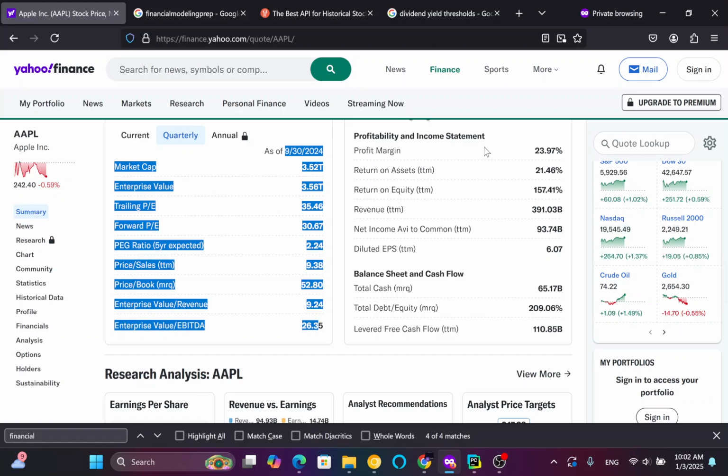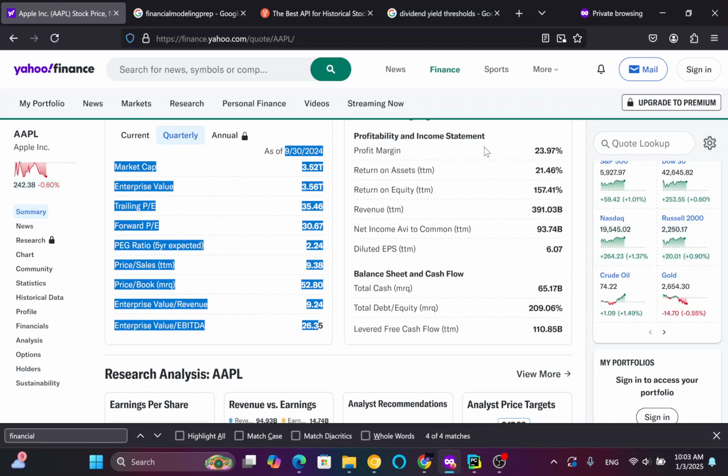The key components include the income statement, balance sheet, and cash flow statements, the PE ratio, the debt to equity ratio, which measures the company's general debt relative to the equity they own, and the profit margins.